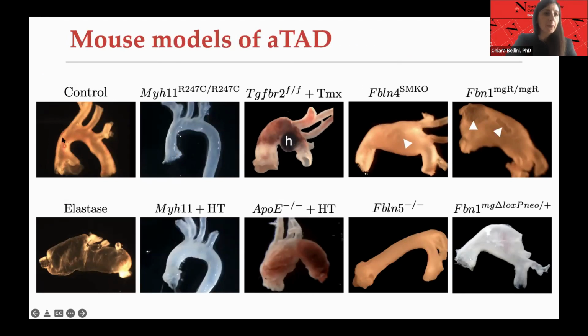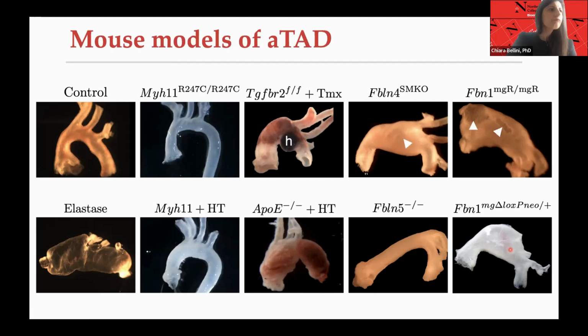For our purposes, we considered a segment between the aortic root and the brachiocephalic arteries that is approximately 3 millimeters long and has an outer diameter of approximately 1 millimeter when unloaded. And so we analyzed 2 mouse models of Marfan syndrome carrying pathogenic mutations of the fibrillin-1 gene. One where the disease manifests around 8 weeks of age, and the other with delayed onset of symptoms around 30 weeks of age.